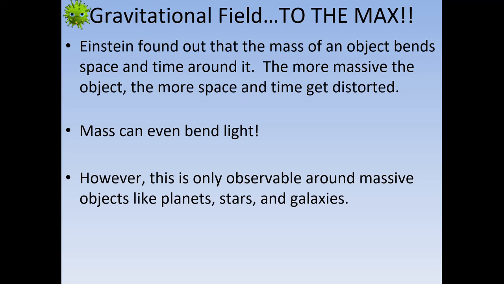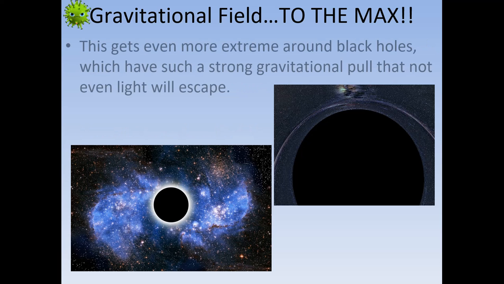So this is something that we really only see at very massive scales. On a planetary scale, or at least a smaller planetary scale, the amount that light bends isn't really that much.